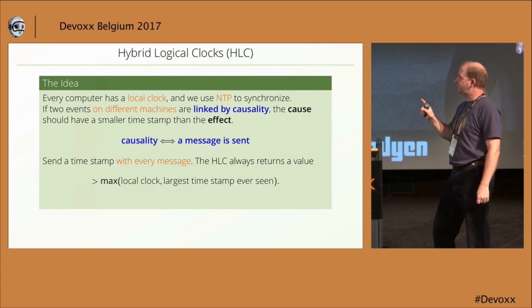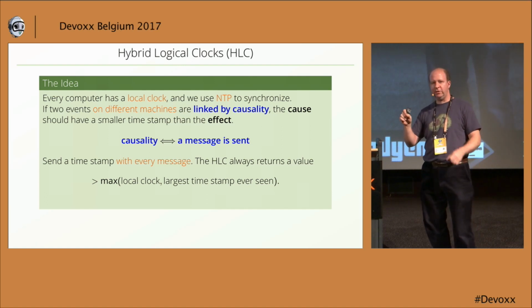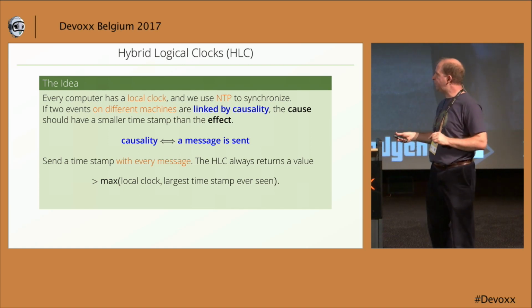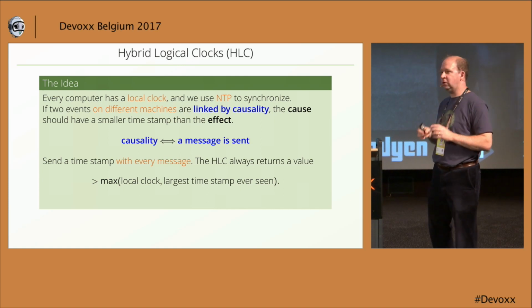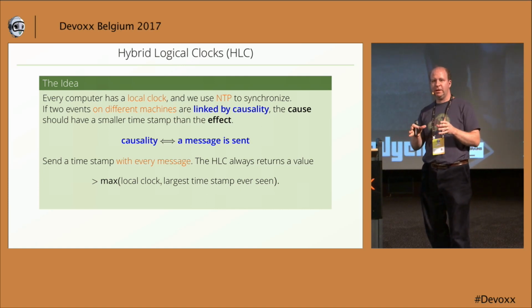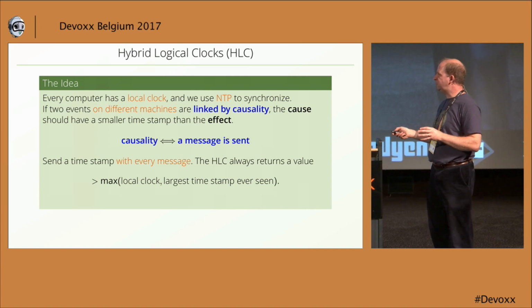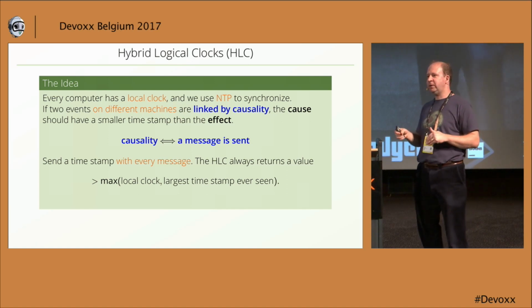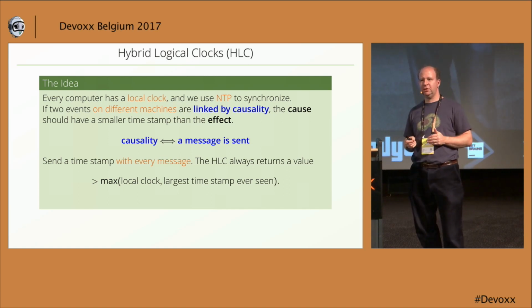And the receiving side retains the largest clock value it has ever seen in any message. If you query the hybrid logical clock on a node, it simply does the following. It considers the local clock, that is the hardware clock, and it considers the largest timestamp it has ever seen in any message, including its own, and it just gives you the maximum.